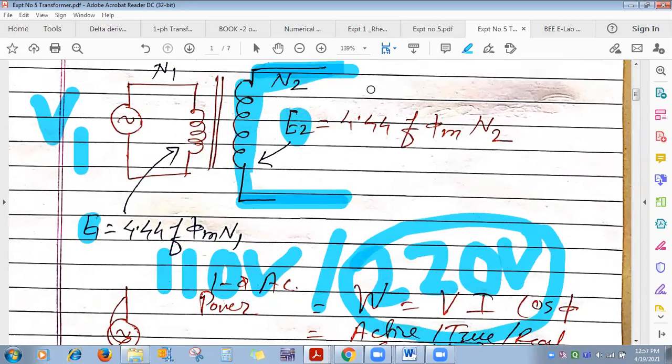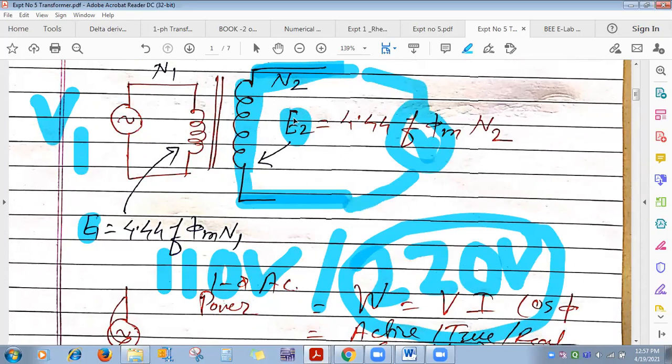Keep the secondary open and connect one voltmeter across it at no load. Measure the induced voltage E2, and you will find it is approximately 220 volt, 218 to 220 volt. As no load is connected on the secondary, EMF gets induced in the secondary. That's why it is called the no load voltage.